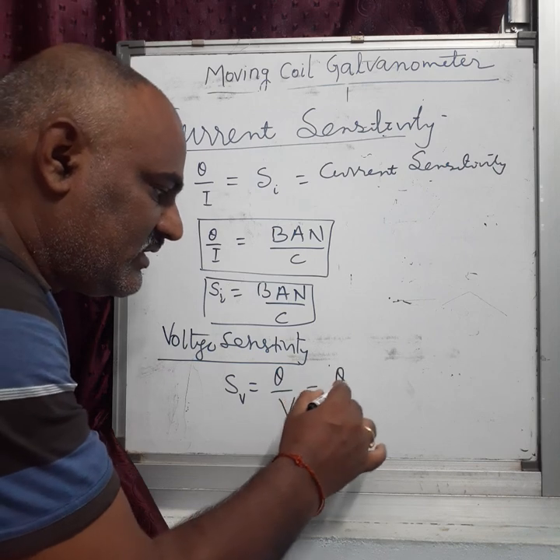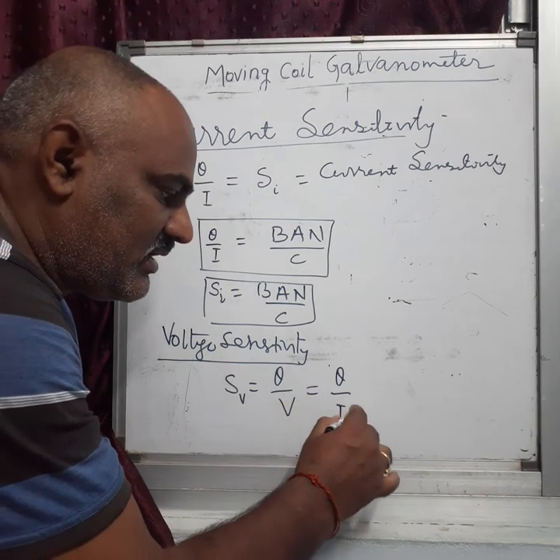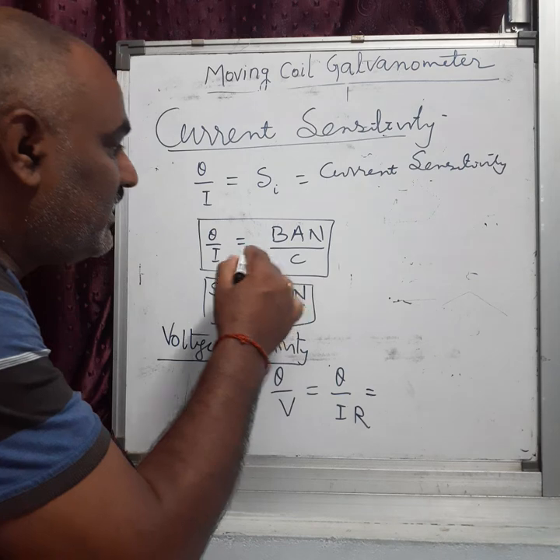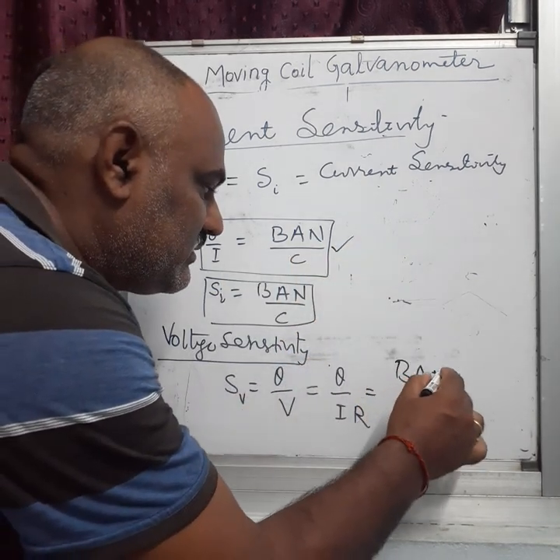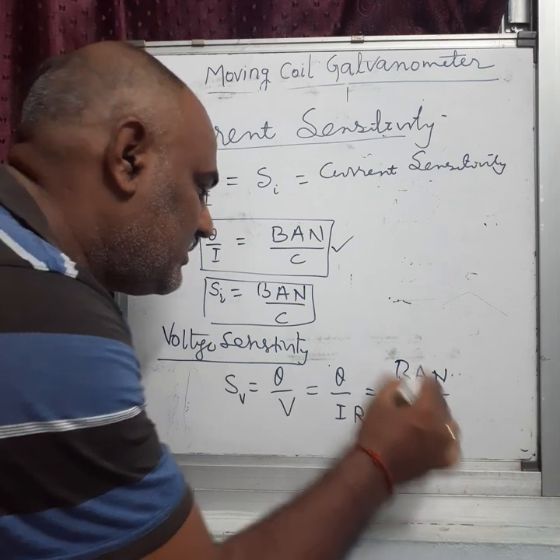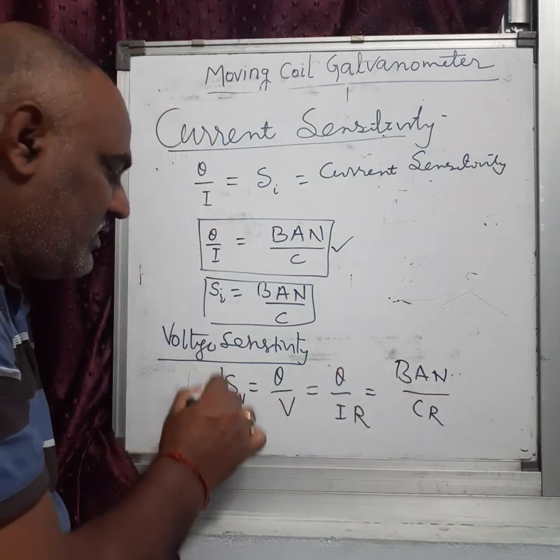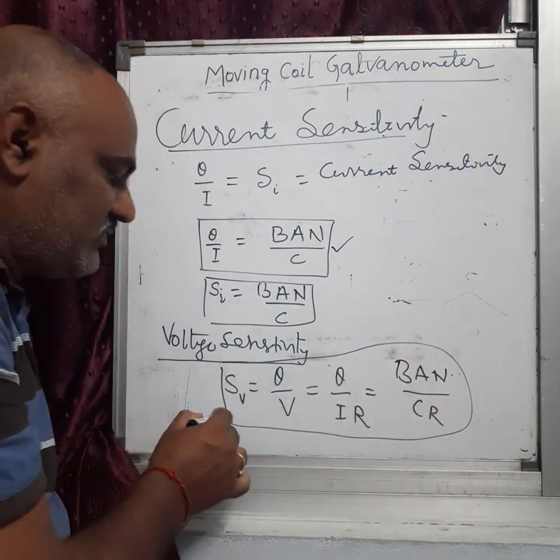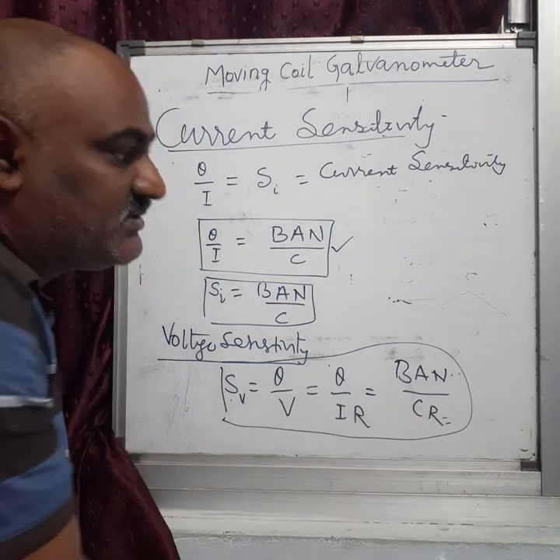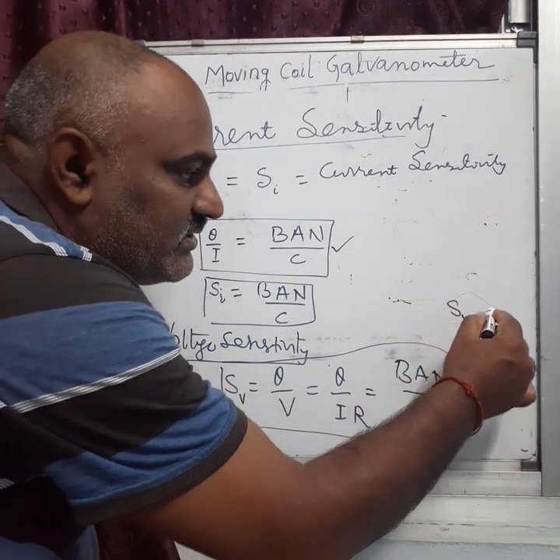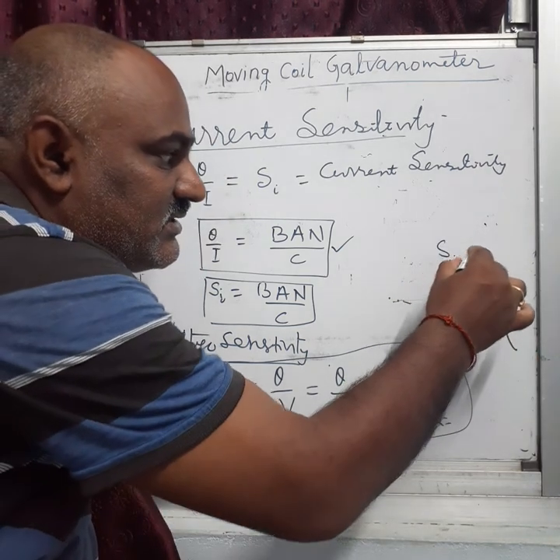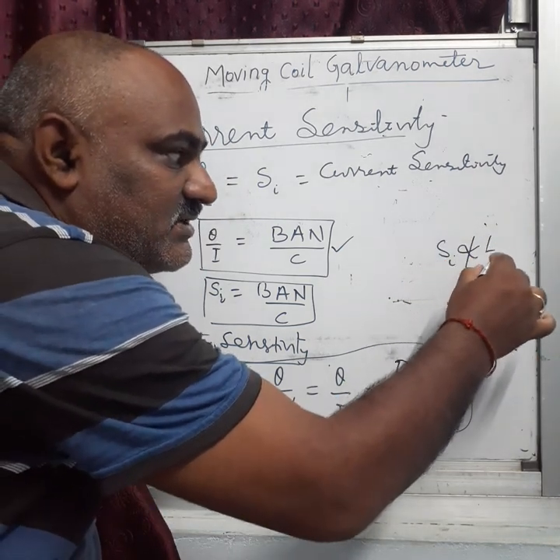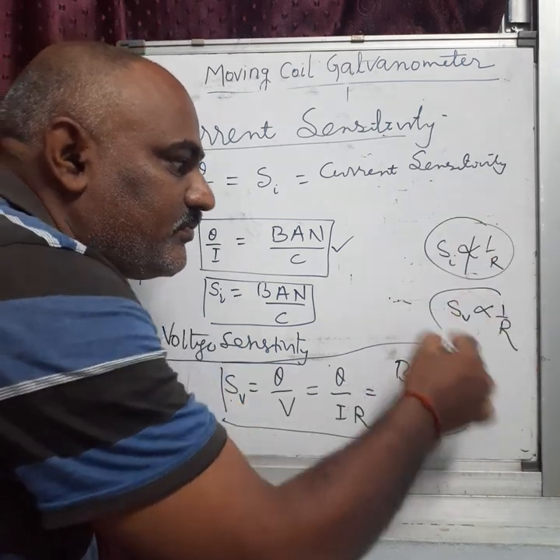Write theta upon V, where V equals IR, and theta upon I is given here, so it is BINA by CR. Voltage sensitivity depends on resistance also. It is inversely proportional to the resistance, but current sensitivity does not depend on the resistance. Make sure.